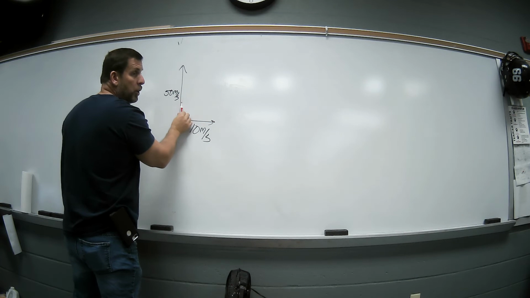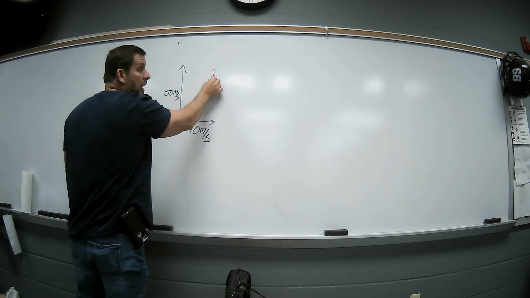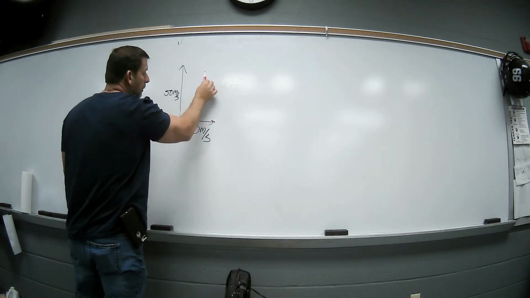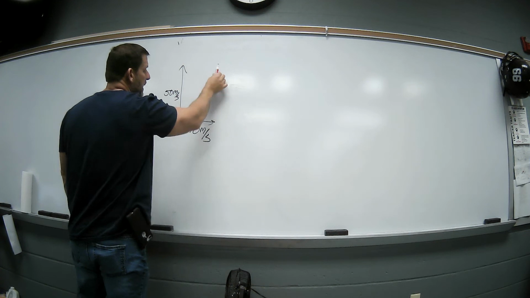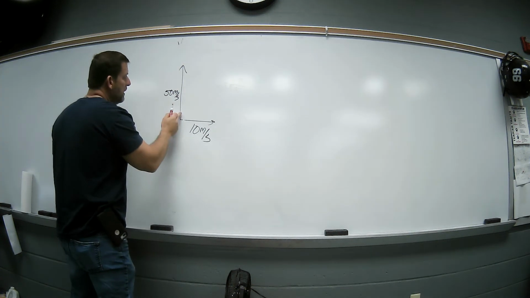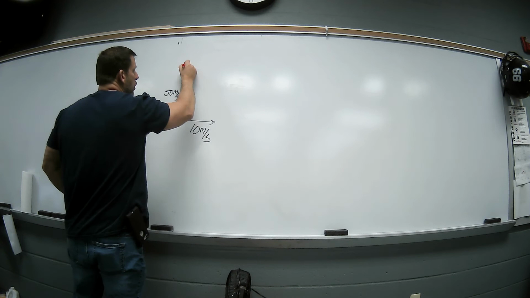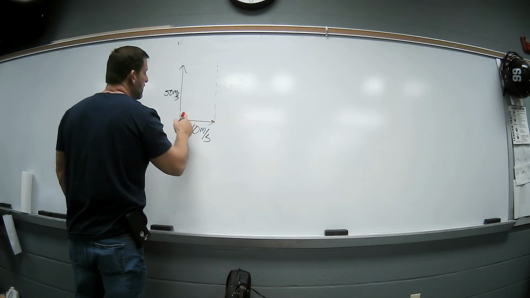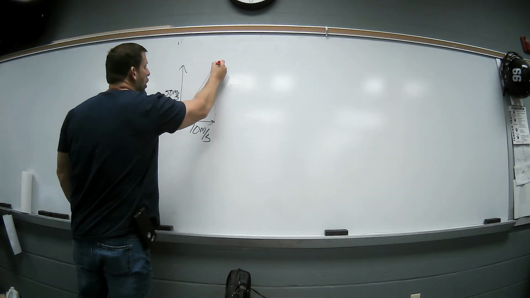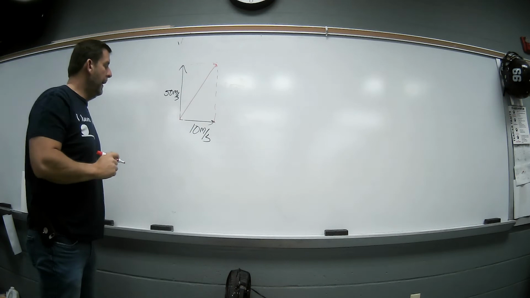You know what's going to happen? Even though my plane is facing north, it's going to take me eastward a little bit. And if you'll notice, this is a longer arrow for 50. This is a shorter arrow for 10. So here's what I'm going to do. Make a box. My resultant is going to be there, all right?